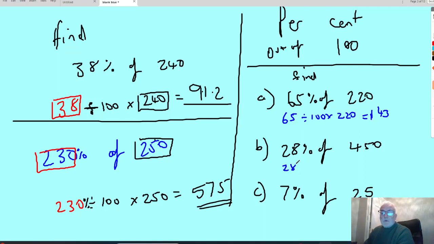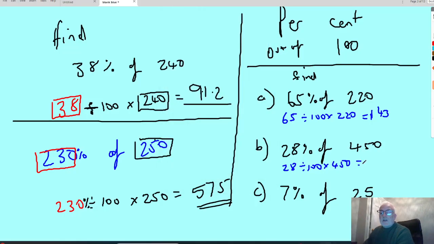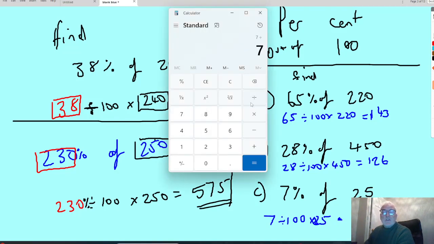The next one, 28 divided by 100 times by 450, gives me 126. And the last one, 7 divided by 100 times by 25, and that gives me 1.75.